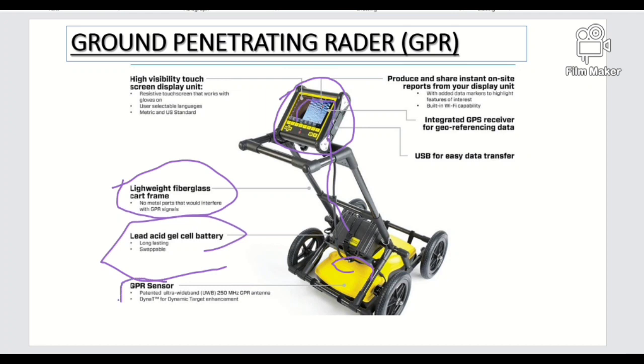And here the GPR sensor, which creates the wave, transmitted to the subsurface through the transmitter, and it is also attached with a receiver, which collects wave energy reflected from objects.